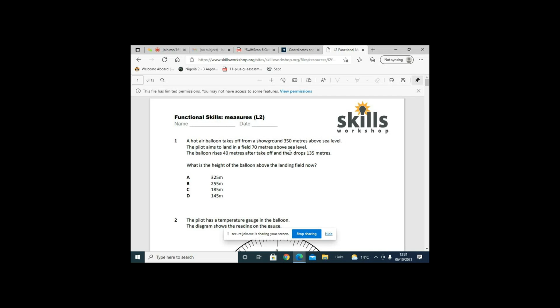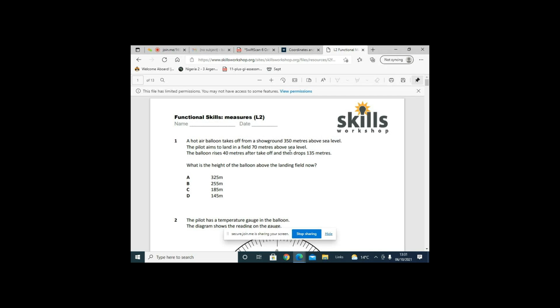The third sentence is this: the balloon rises 40 meters after takeoff. That means when you add 40 to 350, it's now 390 above sea level, and then it drops 135. So what is 390 minus 135? That's 255. Now, the question asks for the height of the balloon above the landing field.